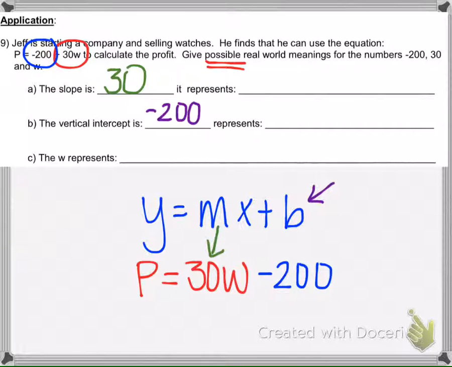It says the vertical intercept. Anytime we have the word intercept, it means plug in 0. So it crosses at (0, negative 200). And then the W, it says that he's selling watches. So the W would represent the number of watches being sold.